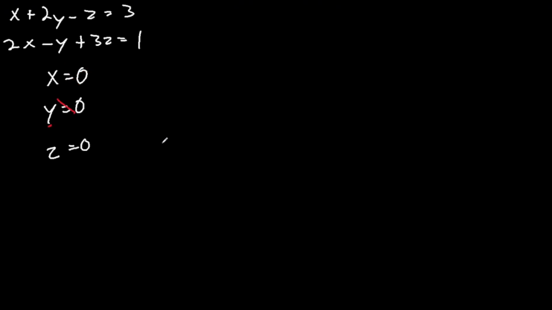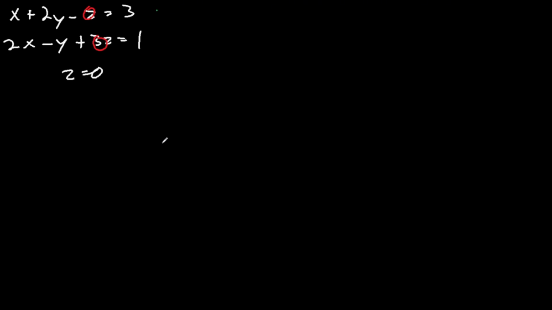And in some cases where y equal to 0 cannot be true, x equals 0 and z equals 0 have to be true. For this one, all cases of x, y, and z being equal to 0 work for these equations, so we don't have to worry about that.